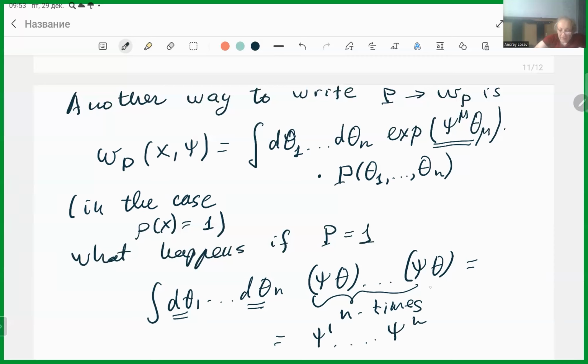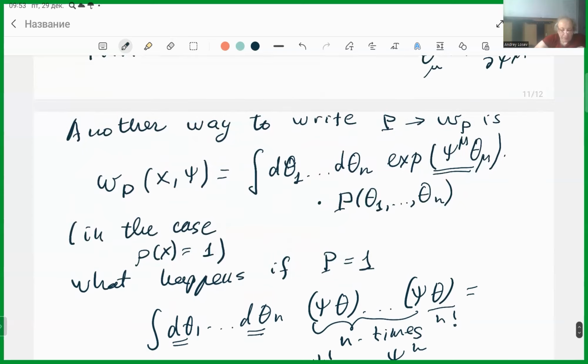Actually, there is a factor n factorial from the exponential, and there are also n factorial ways to take thetas for the Berezin integral. So n factorial cancels out.